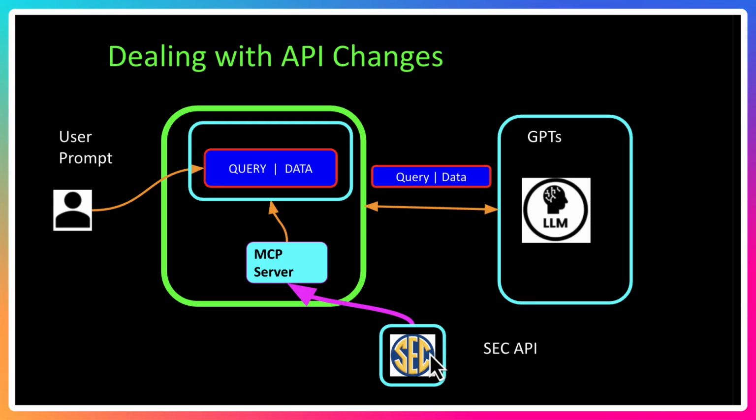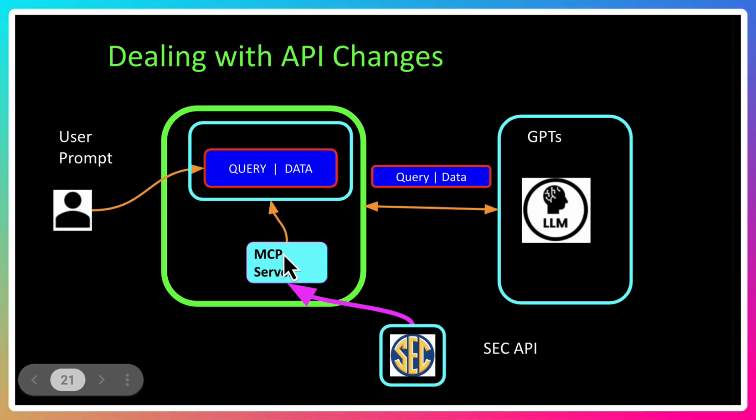So if the SEC API changes, this MCP server will adjust for that change, and the agent doesn't see any difference. It just talks to the MCP server.